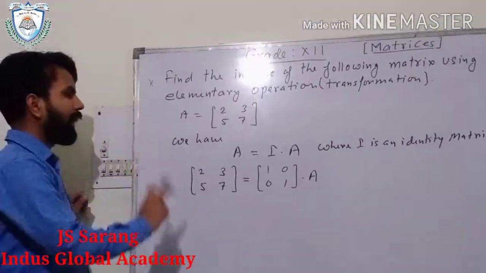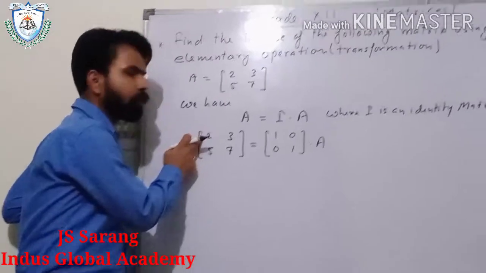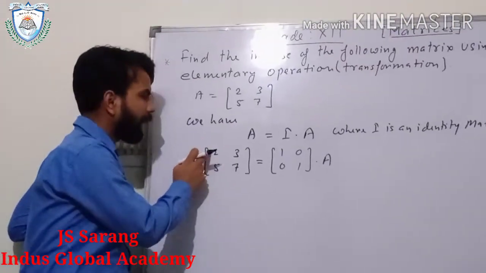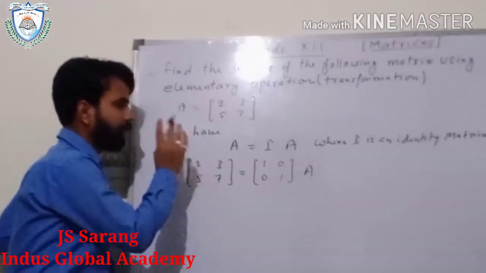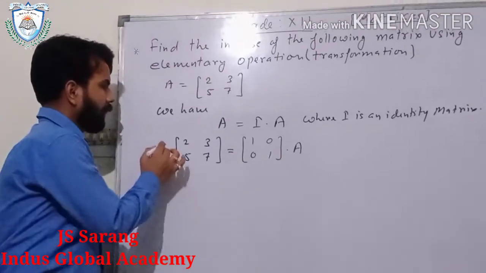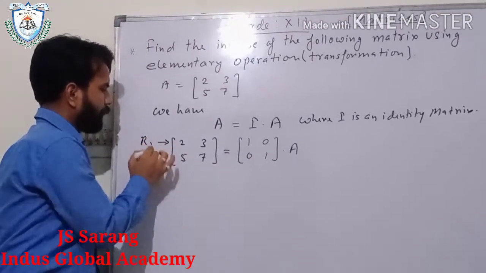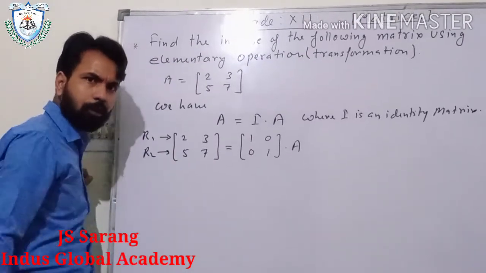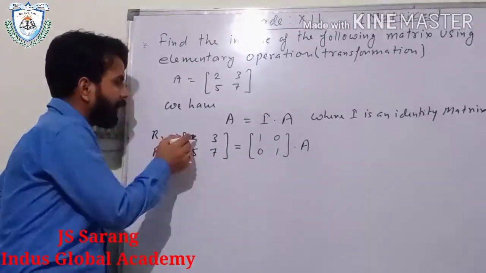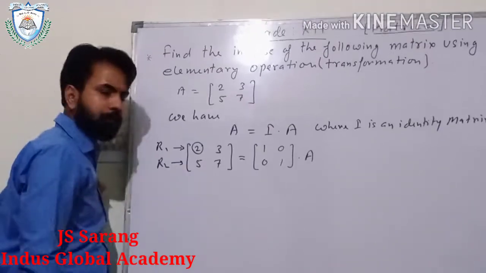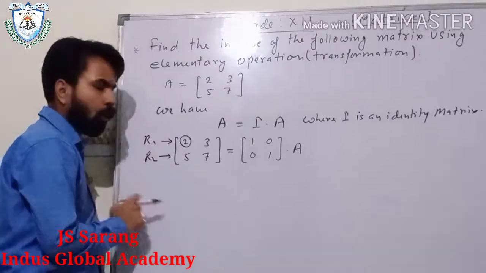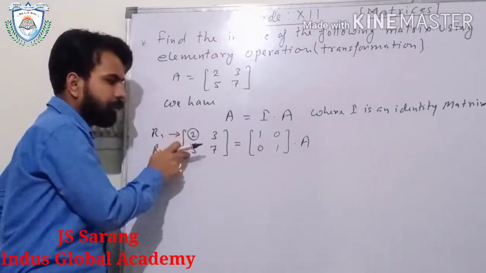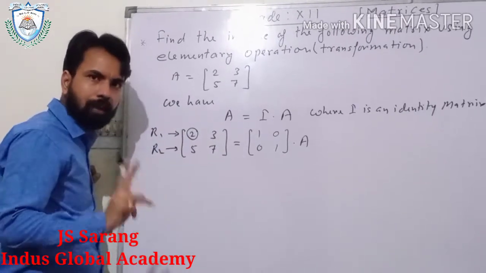So for the identity matrix, this element should be 1. So how can this element be 1? See, this is row 1 and this is row 2. Again I am using the row transformation. If we multiply this element by 3, we will get 6, and 6 minus 5 gives 1.